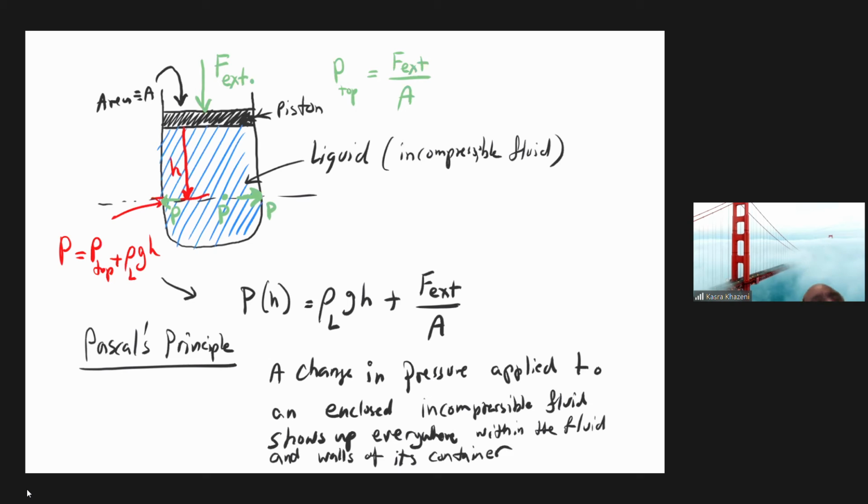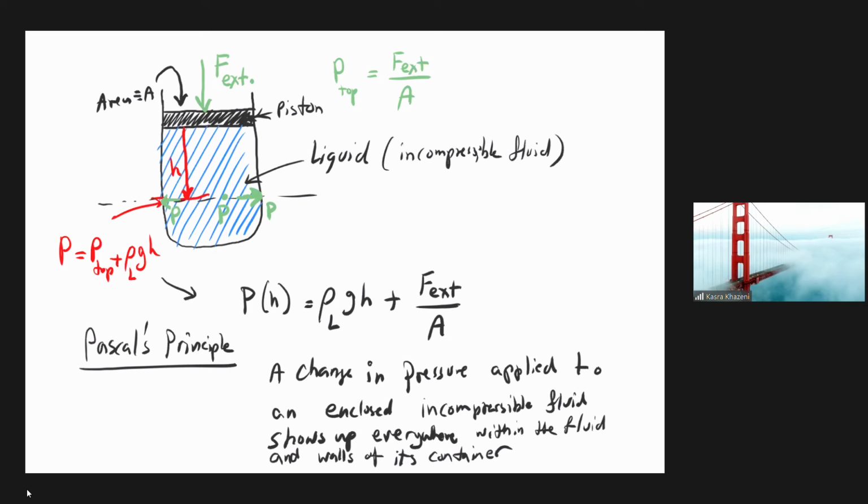So that pressure shows up everywhere at that depth h within the liquid, or the incompressible fluid, which is the liquid in this case, and also on the walls of the container at those heights. This is called Pascal's principle.